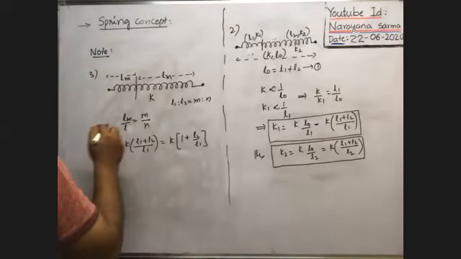When you take the LCM, you get K into (n plus m) by n. This is the spring constant of the first part, Km. Similarly, Kn is equal to K into (n plus m) by m. This is the spring constant of the second part.